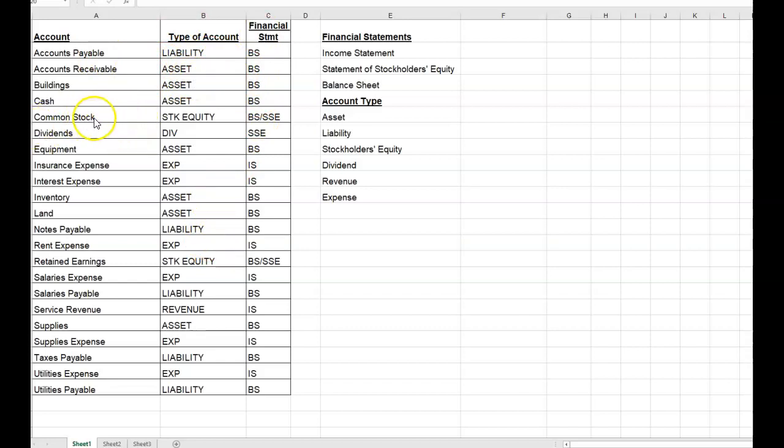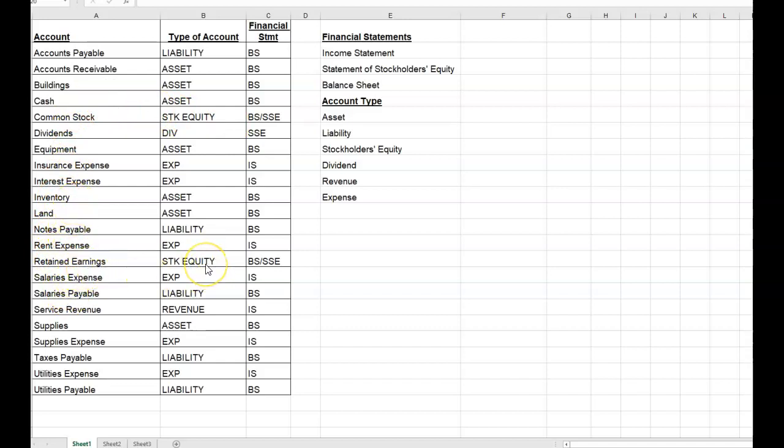Common stock is one of those different ones. It's a stockholders' equity type of account, but it belongs on the balance sheet and the statement of stockholders' equity. Dividends is its own type of account. It's very simple. It's a dividend account. It only goes in one place. It goes on the statement of stockholders' equity. Let's move down to retained earnings.